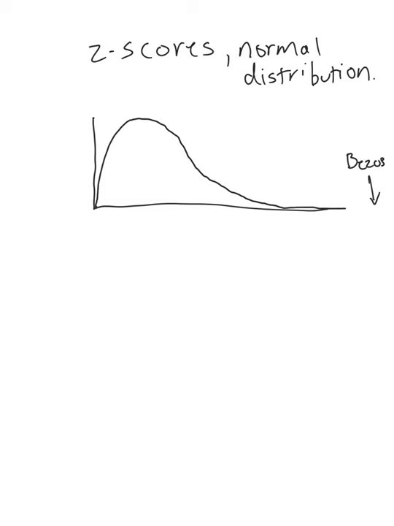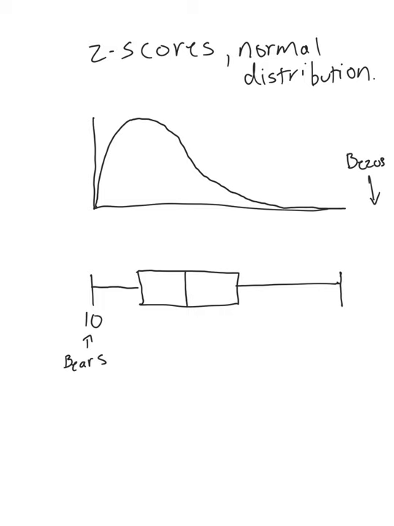Let's say down here, for our first number, the lowest number, let's say that one is 10. This could be our bears. Bears are big, take up a lot of space, and they're hard to come by. So maybe there's only 10 bears total in the bear exhibit. And then here in our box plot would be our other animals, our most average animals.